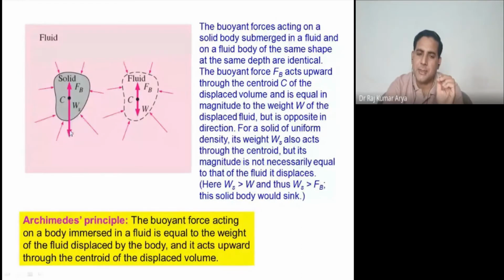In this case the WS magnitude is high, so it will sink. In some cases you can make this FV more, so it will go up. That way you can calculate in the stability part whether it will sink, whether it will float, whether it will completely submerge. So when would things be completely submerged? Any idea?